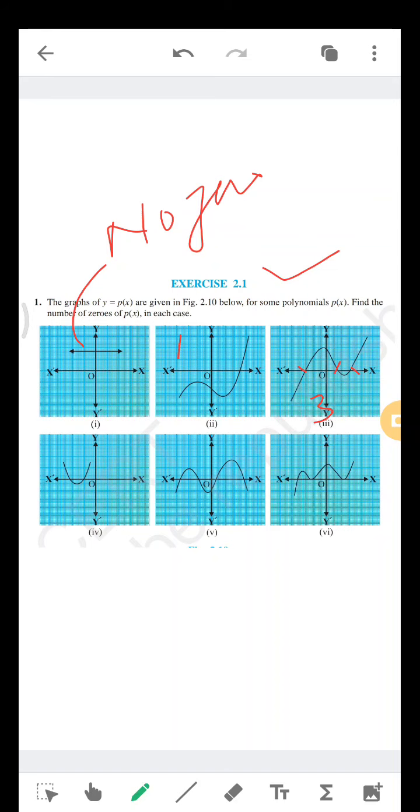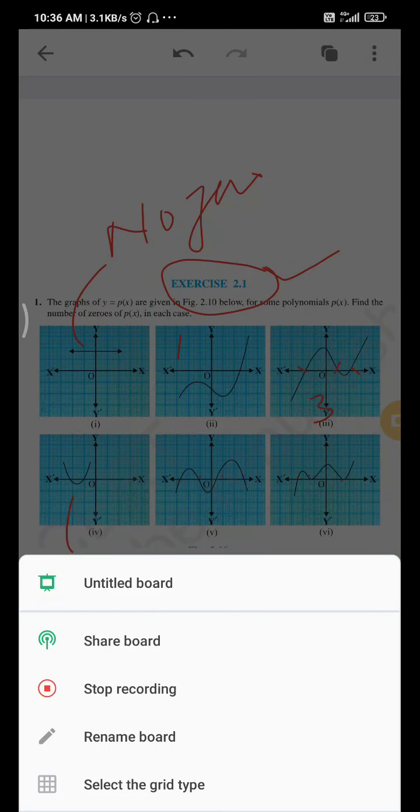Here in the fourth one, at how many places is the graph meeting the x-axis? 2 points. So this has 2 zeros. Then 1, 2, 3, 4: 4 zeros. 1, 2, 3: 3 zeros. Zeros are nothing but solutions. So this is the way we find the number of zeros looking at the graph. Complete this exercise in your classwork, or you can even do it in your reader. We'll continue with the second exercise in the next session.